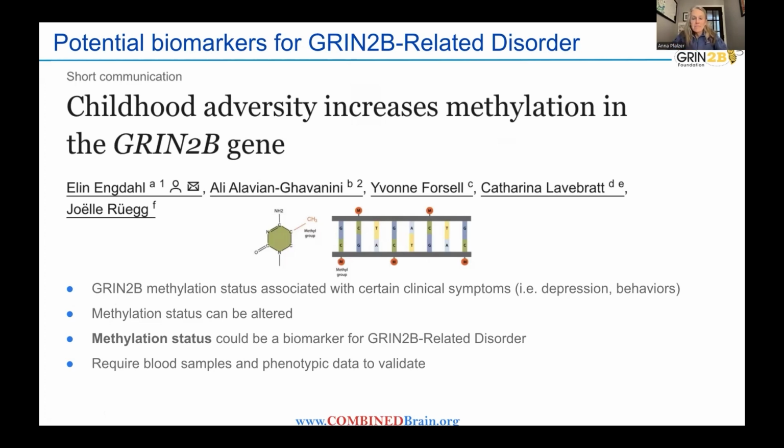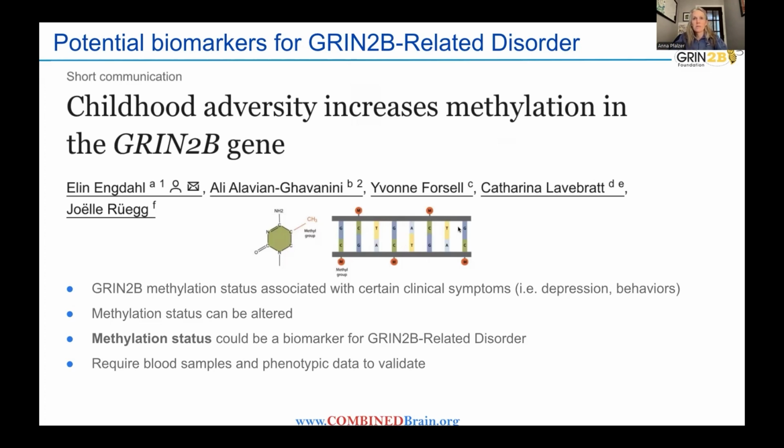Well, on one of the very first slides, one commonly used biomarker for these types of disorders, especially disorders of genetic etiology, are epigenetic changes. And those are small chemical modifications to the genome of a particular individual.